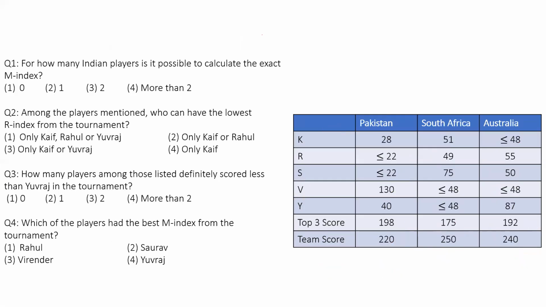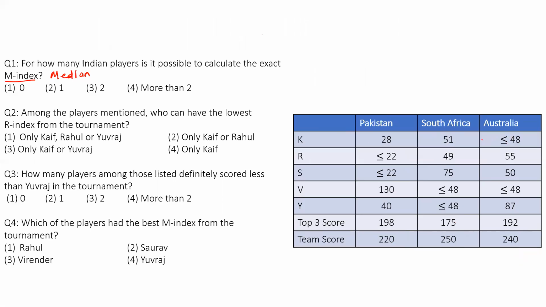Okay. So first question, for how many Indian players is it possible to calculate exact M index? M index, we have seen earlier, is nothing but median. Now let us see for KF. The scores are 51, 28 and less than or equal to 48.